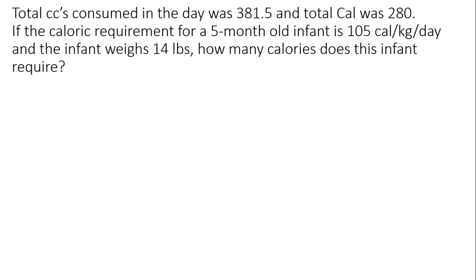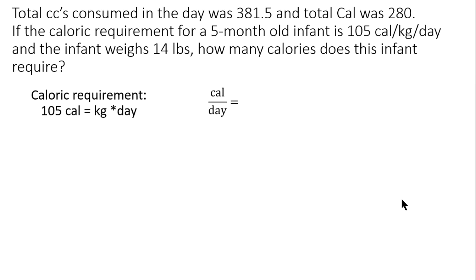Okay, so let's see. The caloric requirement, we are told, is 105 calories per kilogram per day, and we want to know how many calories per day the baby requires.